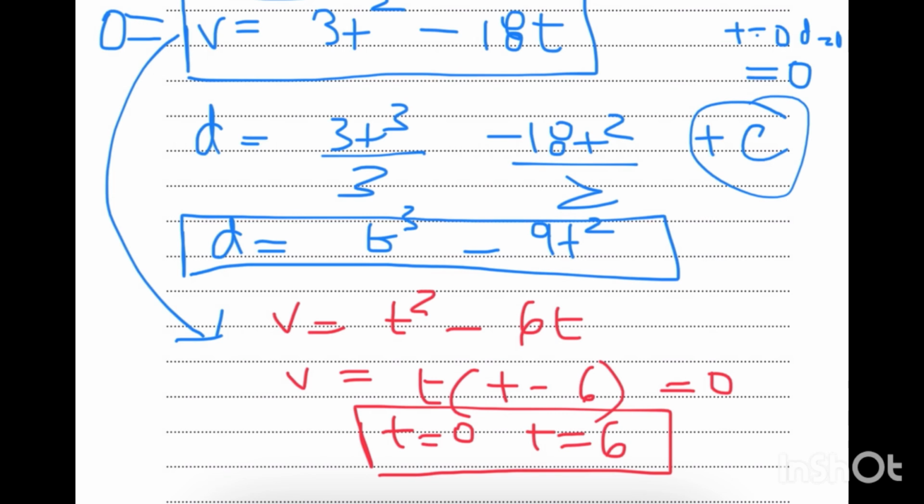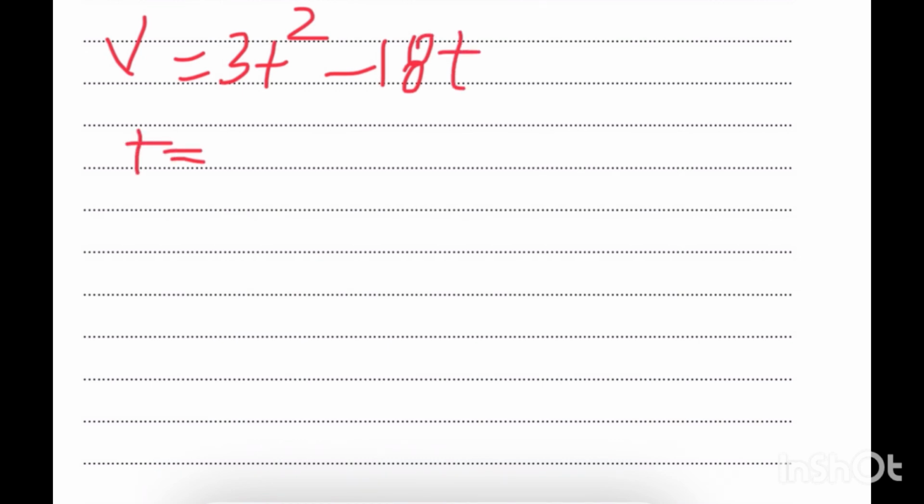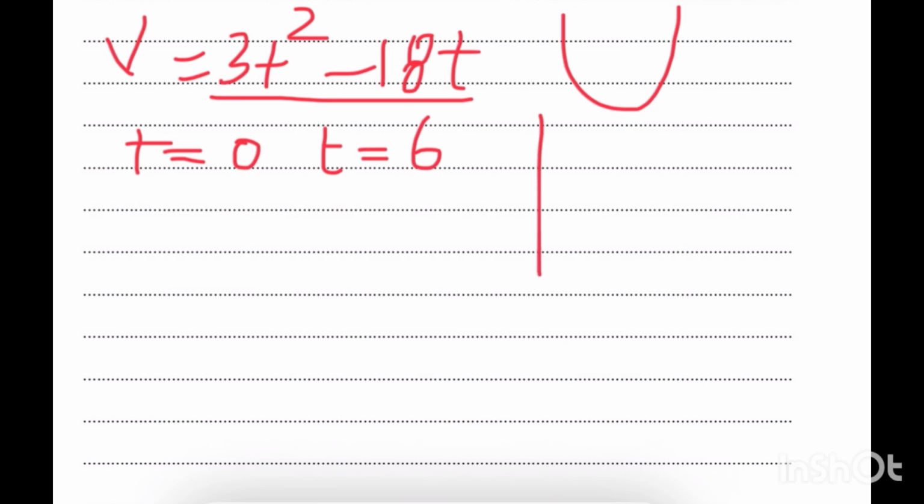Now let's make sure that the particle does not change directions, since in that case distance and displacement will be two different things. So we know that the equation for the velocity we found out as 3t squared minus 18t, and that the velocity is equal to 0 when t is equal to 0 and t is equal to 6. And this is a quadratic equation, so it will probably look like this. When we draw a velocity time graph, this is velocity and this is time.